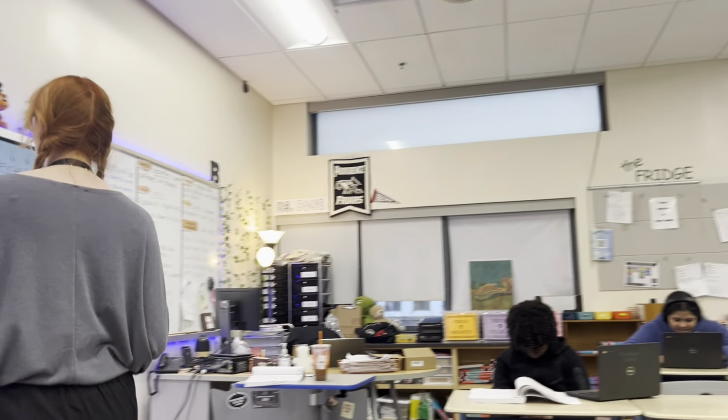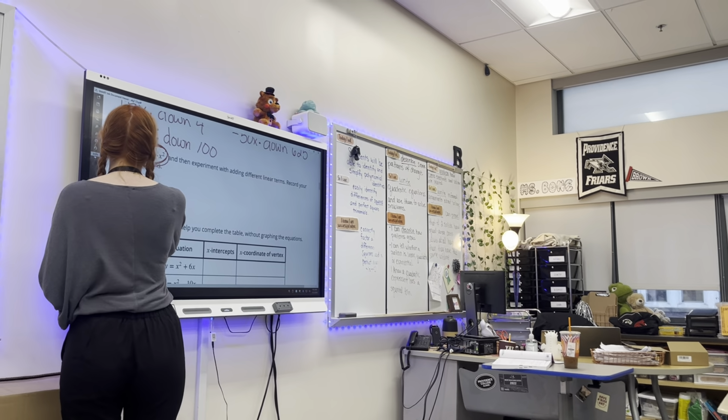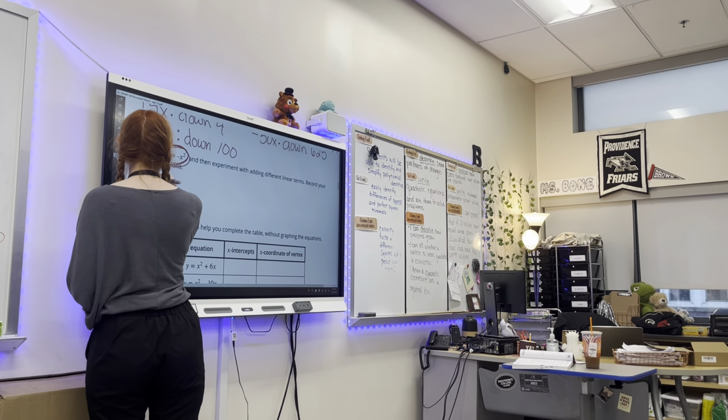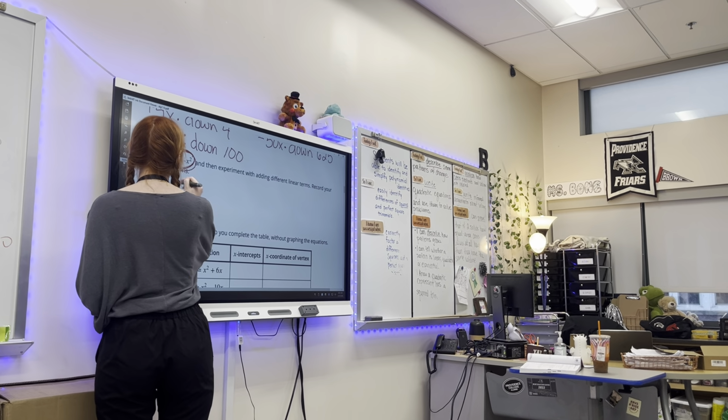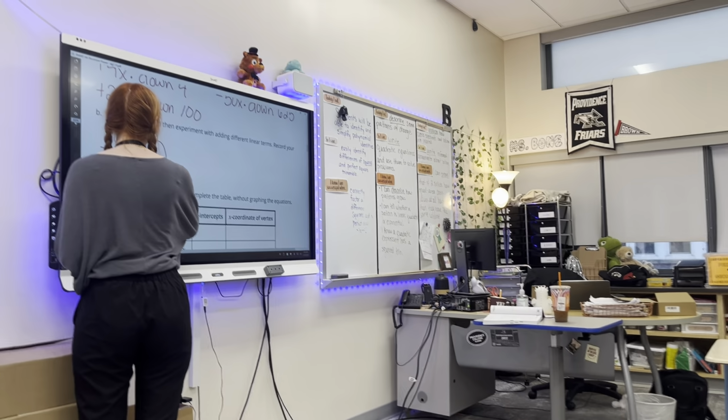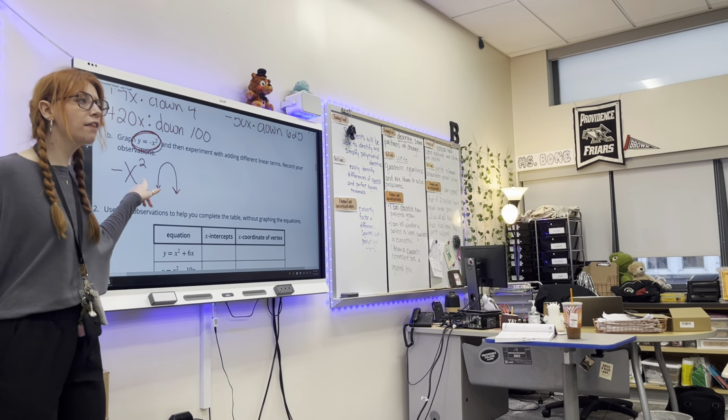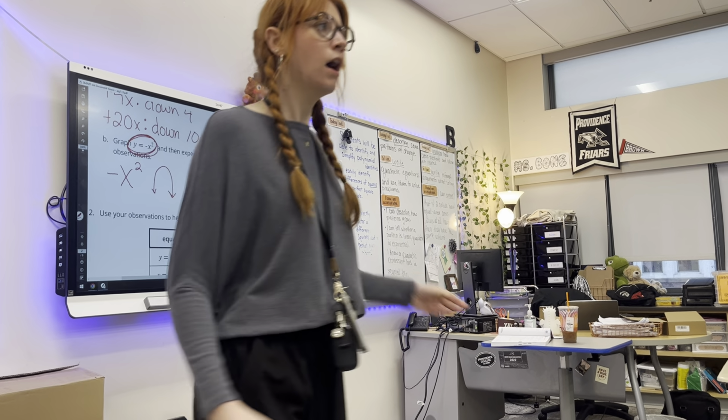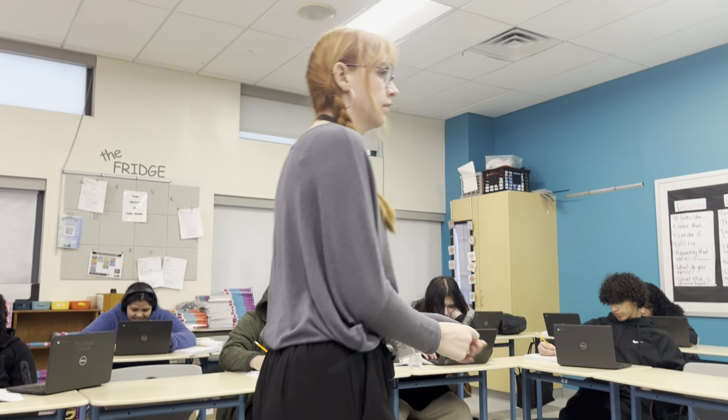What happened to it when you put in y equals negative x squared? Well, it flipped over, right? When we have a negative x squared, we call this going down because the legs of that U shape are pointing downwards. And here's how I remember this.